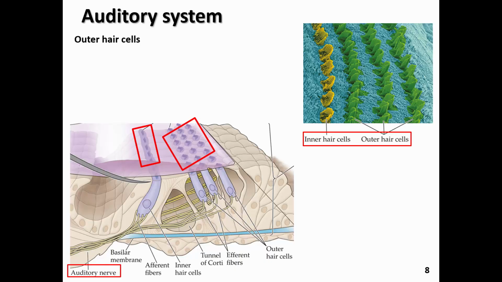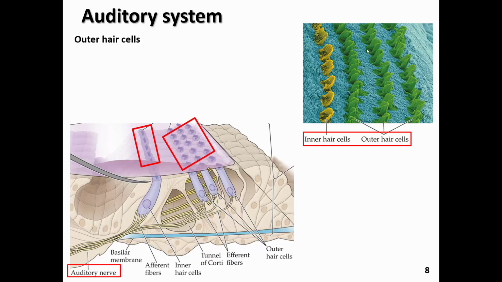On this slide, we're going to take a look at the outer hair cells. So recall that the inner hair cells in this computer-enhanced electron micrograph at the top right-hand corner, here you see computer-colored yellow are the inner hair cells, and the color of green for the outer hair cells.